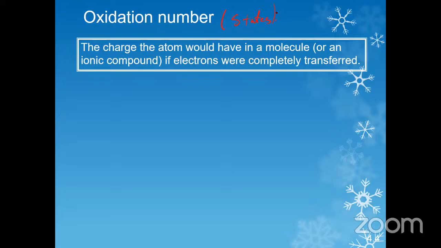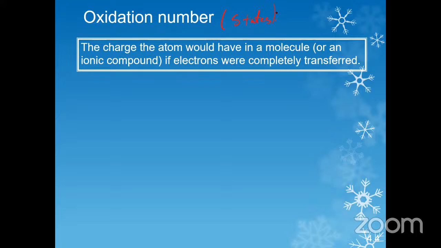It is the charge that the atom would have in a molecule or an ion if the electrons were completely transferred. As we know, in a molecule you have electrons being shared, so this is a theoretical concept, which is useful for understanding what happens in a redox reaction.